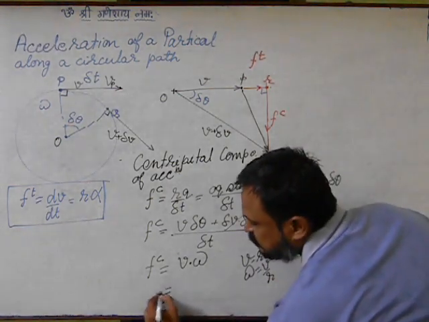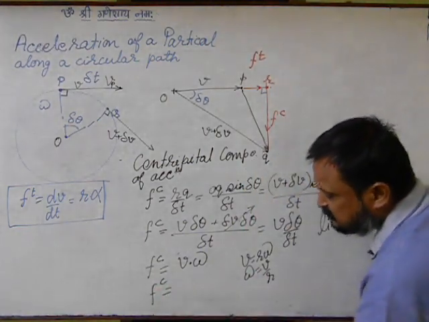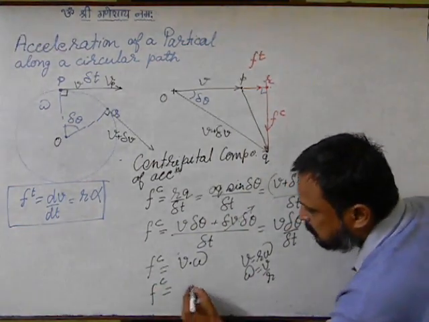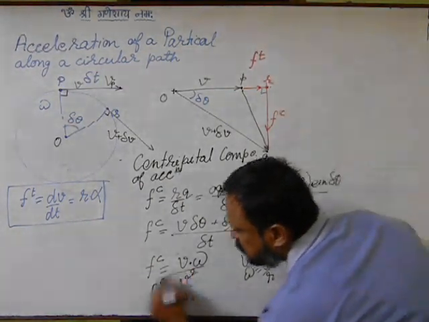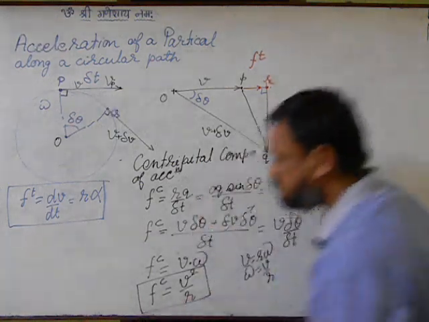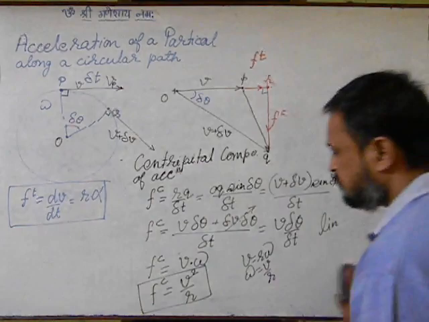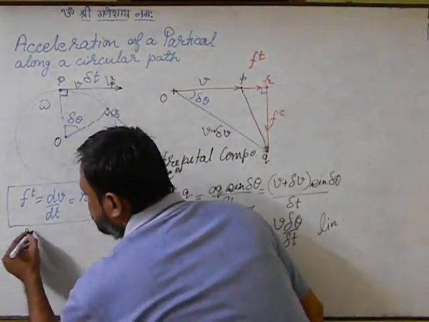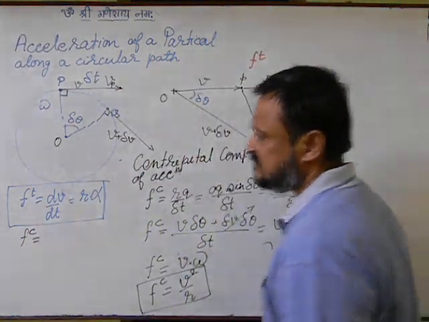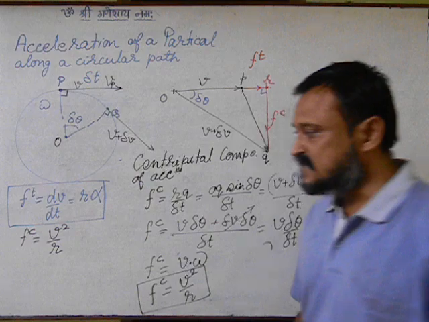So by this we can say it will come out to be V square by R. So this is the centripetal component of acceleration. Fine. So the centripetal component of acceleration is V square by R.